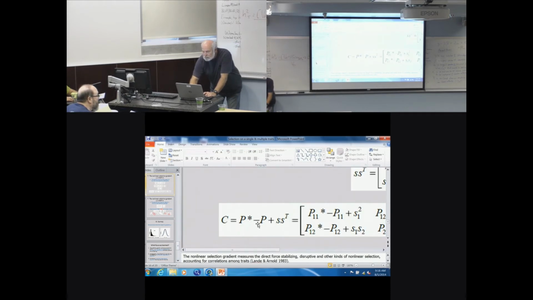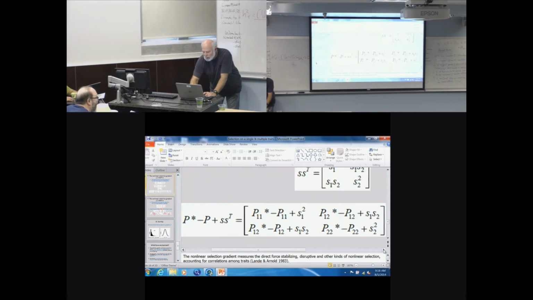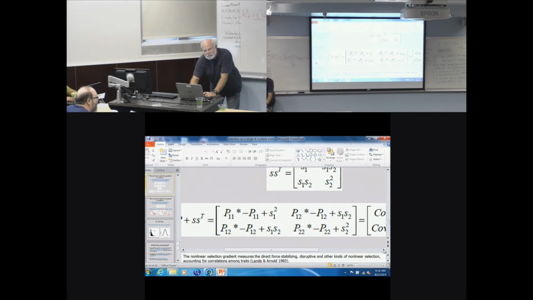And so when we think about C, the selection differential, now it's a matrix, right? And it has these two terms. I just showed you this term. So when we look at it, it has terms like that. These are the changes in the variance. We saw those in the univariate case. These are the changes in the covariance.